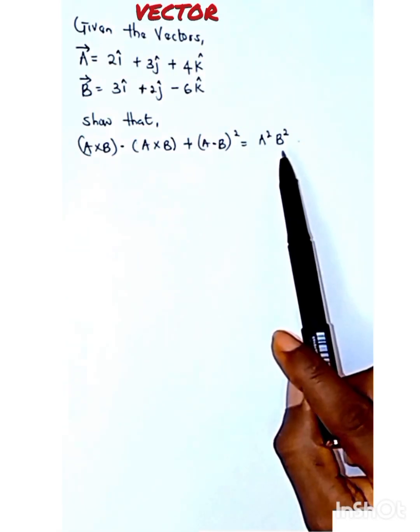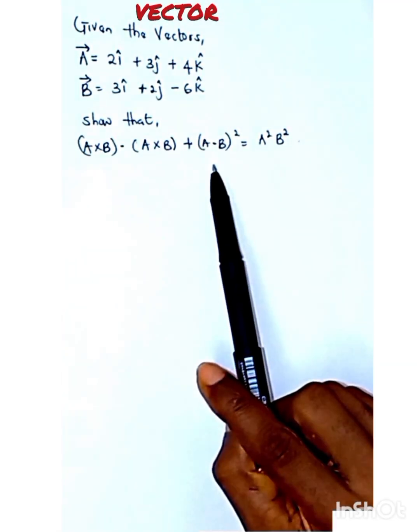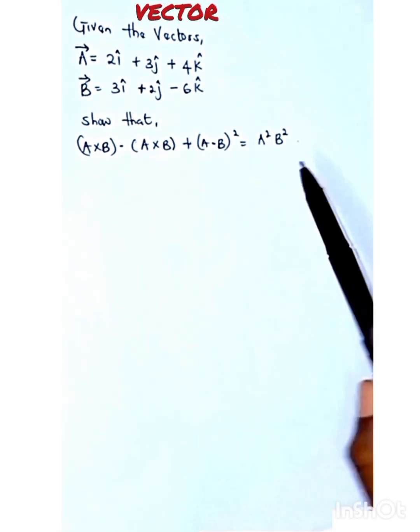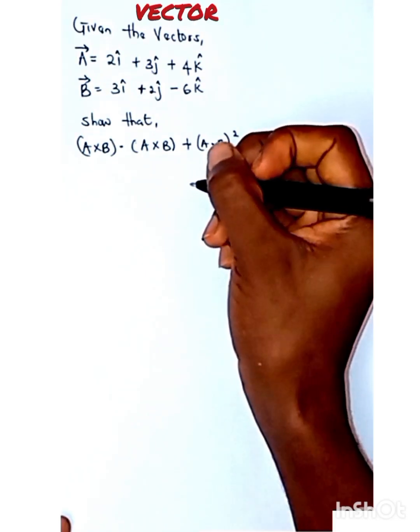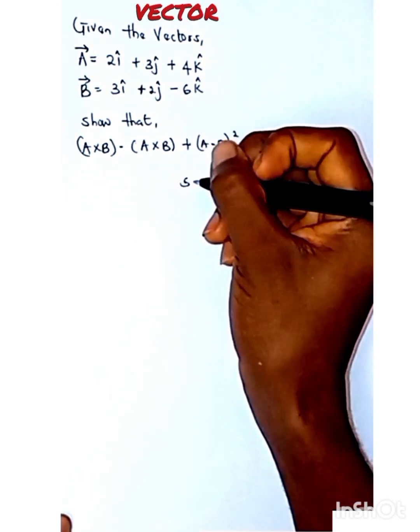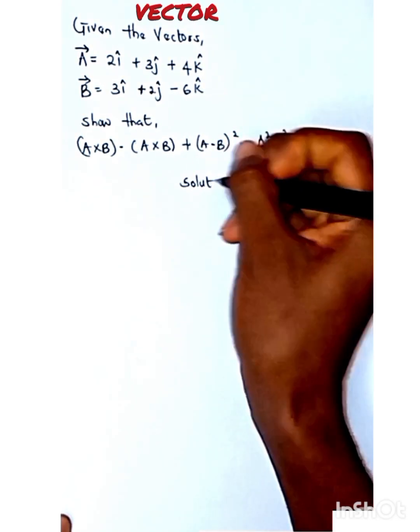Okay, so we are going to start from the right hand side, then we move over to the left hand side. So let's start getting the vector product or the cross product solution.